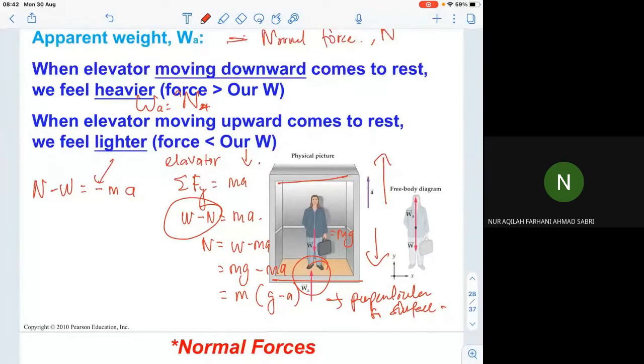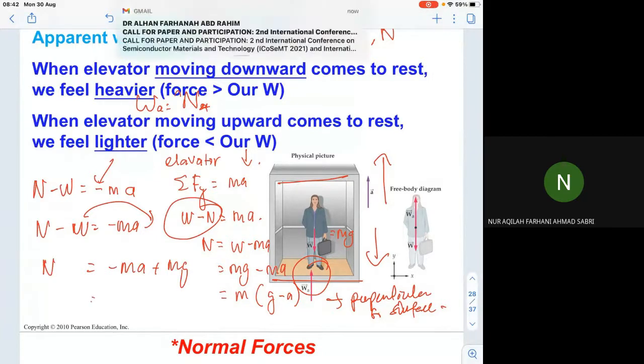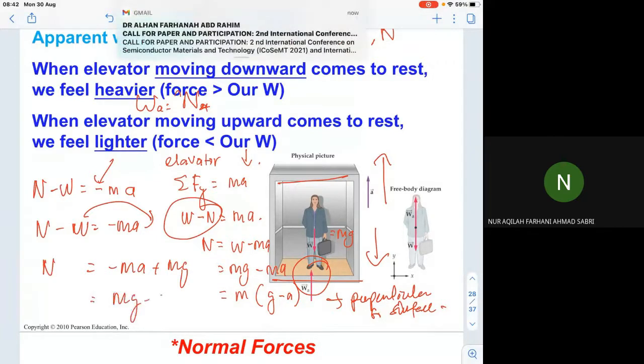Okay, try to finish this up. So N minus W equals negative ma. N will equal negative ma plus mg, and that is mg minus ma.